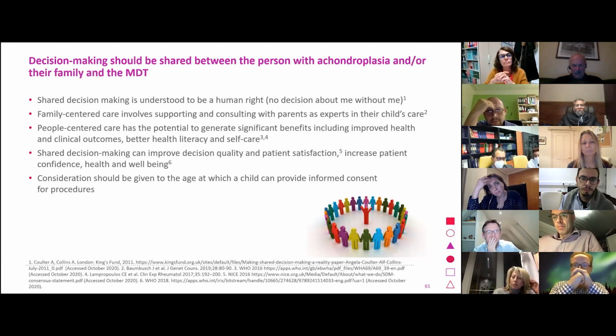If you're talking about growth hormone, it would be nice to have a pediatric endocrinologist, for example. If you are talking about surgical procedures, then you would like to have an orthopedic surgeon in the meeting. In certain places, it's the primary physician who is shouldering all that responsibility.